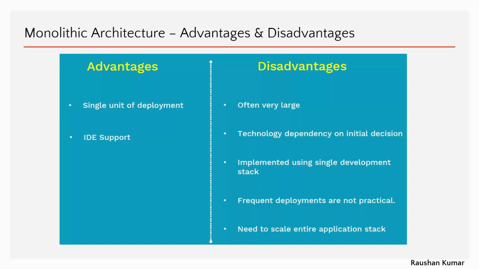Let's say you started with module 1 with Java technology, or Node.js technology or Go, any technology. So you will continue to use Java for other modules also. That's the, let's say, advantage. It's in the favor. So you don't need to know multiple technologies if you're dealing with monolithic applications.